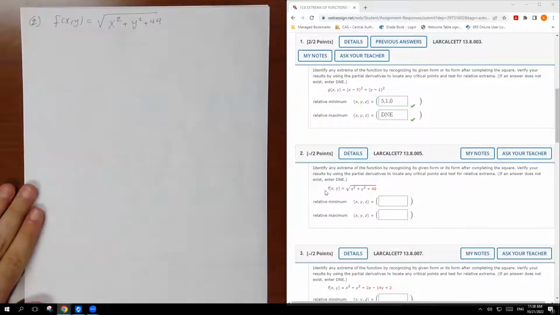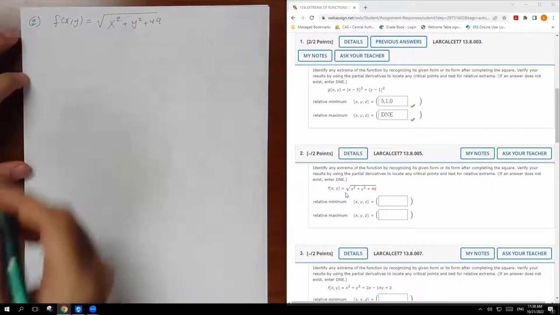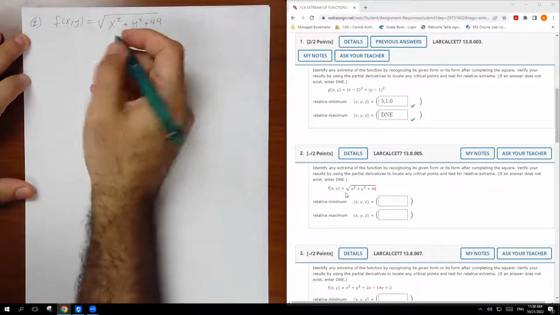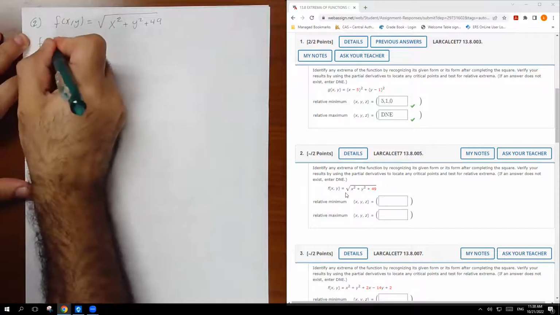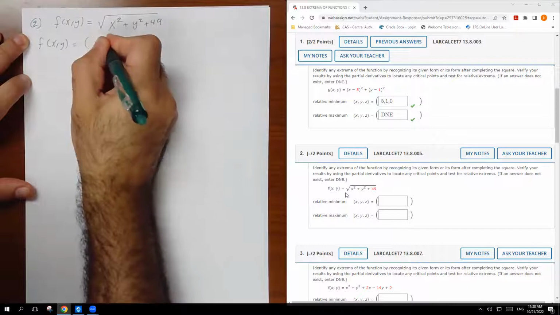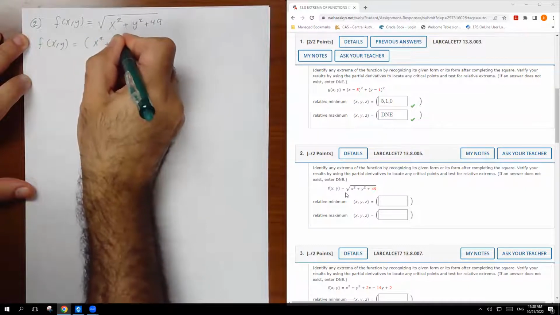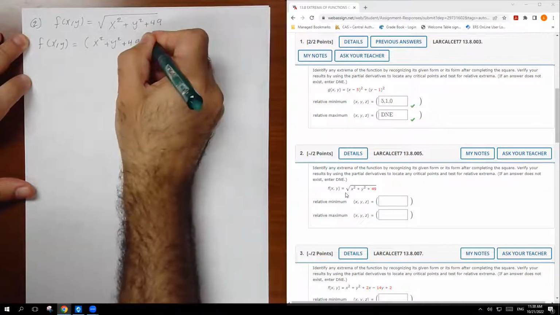Example 2, f of x, y equals the square root of x squared plus y squared plus 49. Before I start with this one, I'm going to find the critical point with x, y, z. So the first thing I'm going to do here, because this is a radical, is say this one is going to be x squared plus y squared plus 49 to the power half.